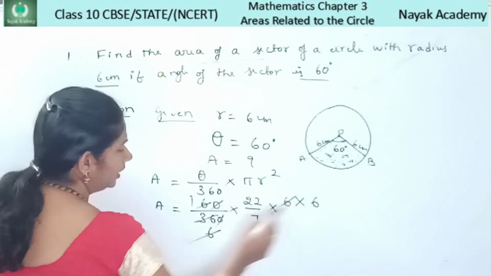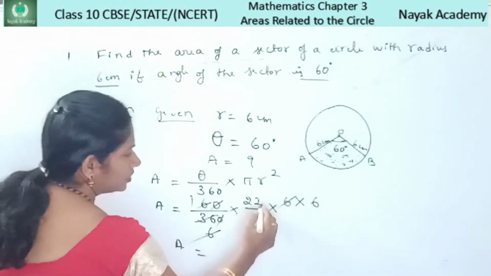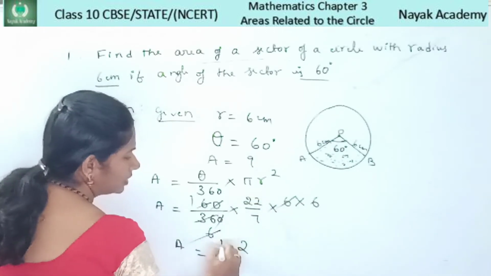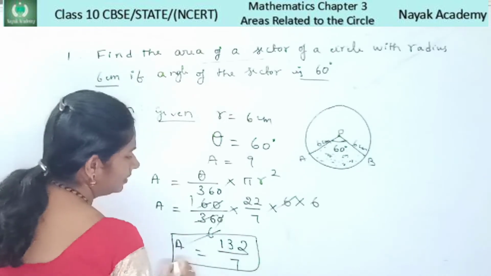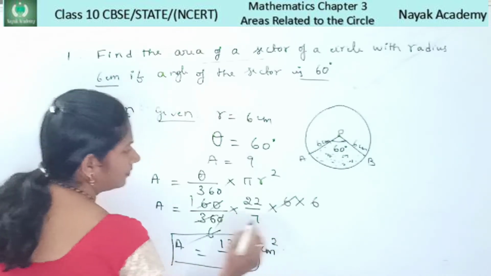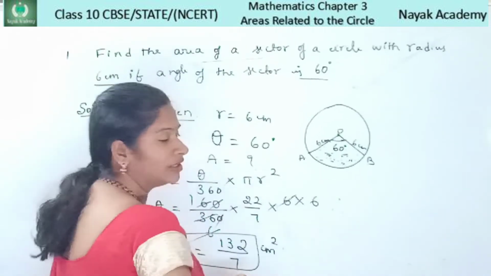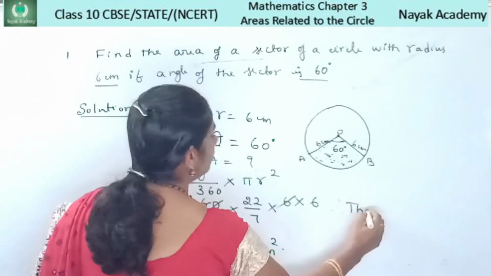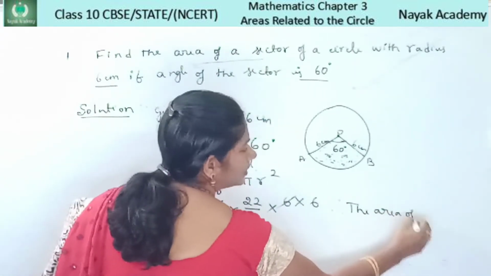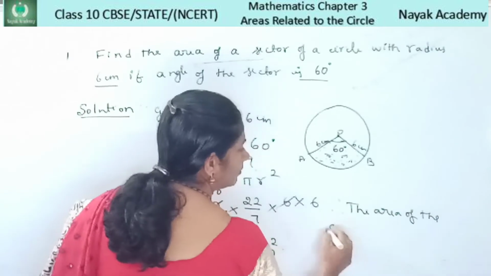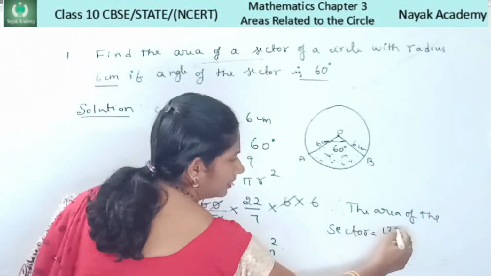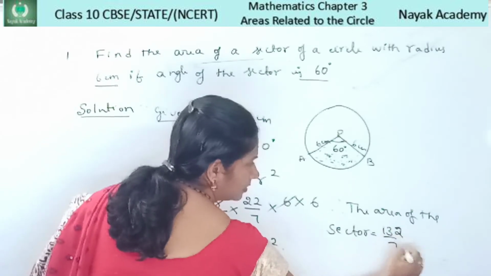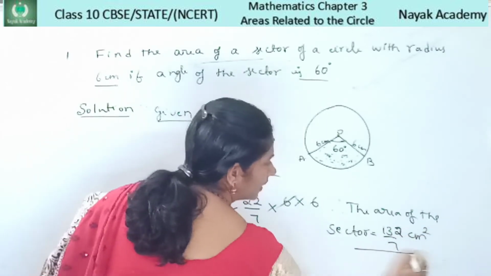Now 22 into 6: 6 twos are 12, 6 twos are 12 plus 1, 132, divided by 7 centimeter square. Therefore, the conclusion: the area of the sector equals 132 divided by 7 centimeter square.